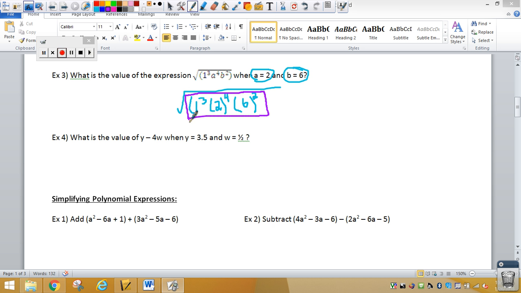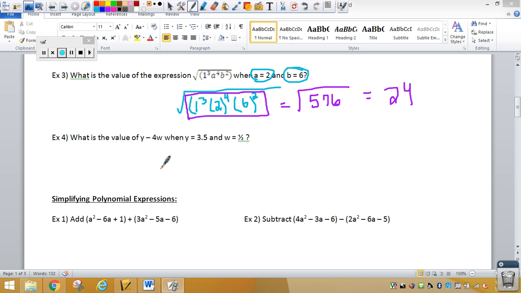Don't type the square root. Just type what's inside. So I'm going to type 1 to the third times 2 to the fourth times 6 squared. And that gives me 576. The square root of 576, if you type it in your calculator, is 24.